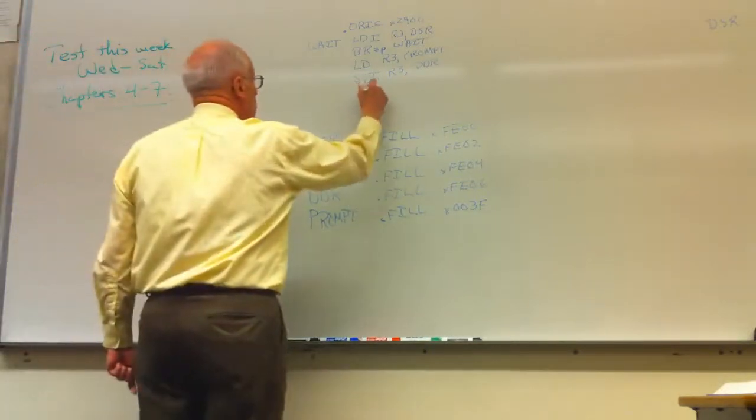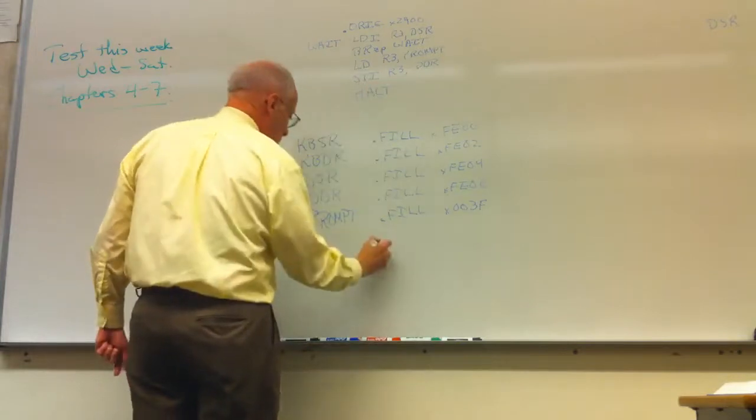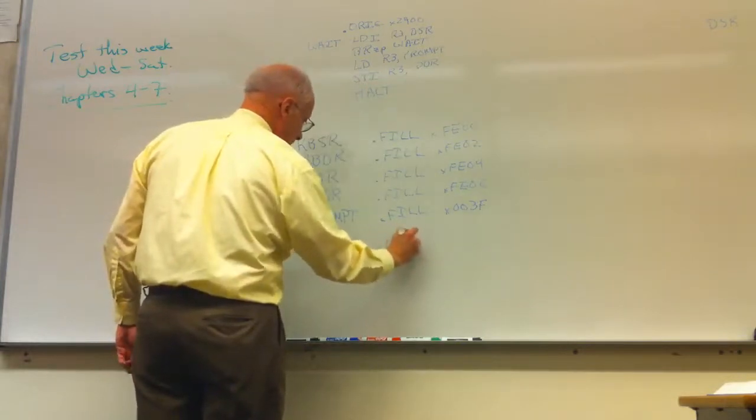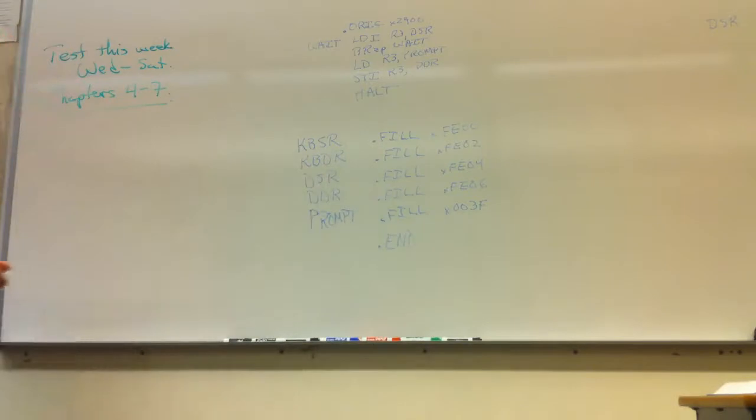Okay, if that's all I'm going to do, it would look like this. So the store indirect is storing R3 into the address of DDR. Into the address that is stored in DDR.